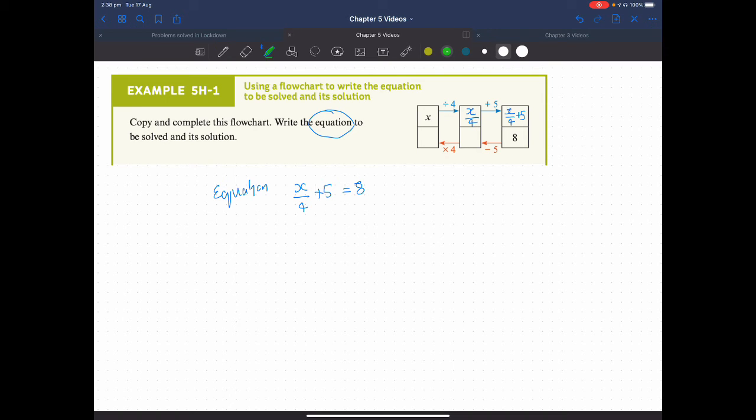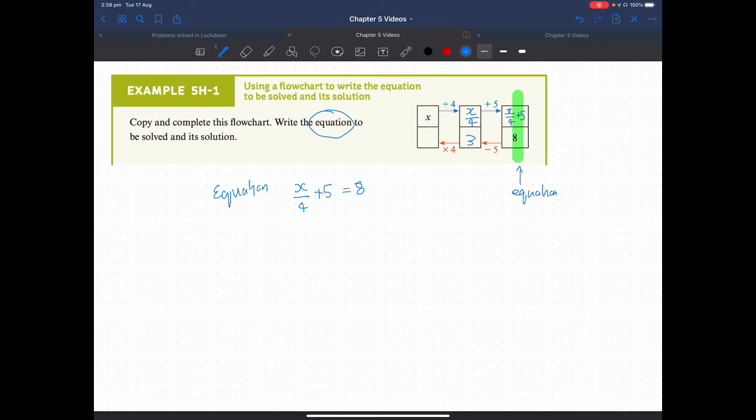Like before, those two boxes go together. So here is the equation. Now we're going to use the backtracking. It says to us minus 5. Now we've got the number 8. So 8 subtract 5 is 3.